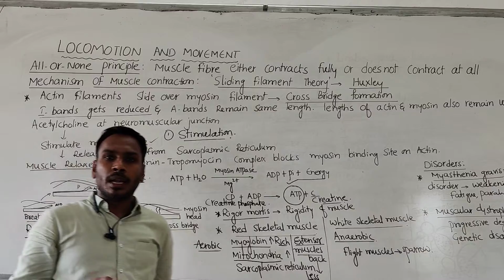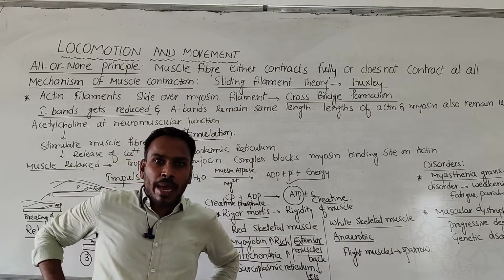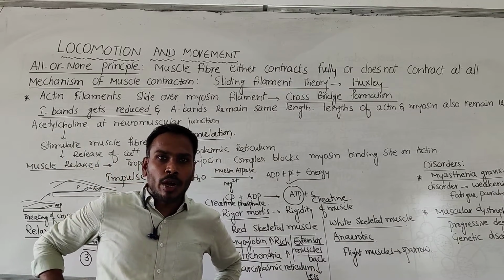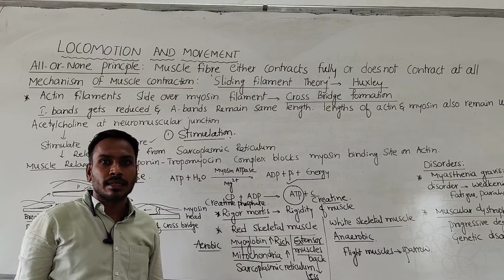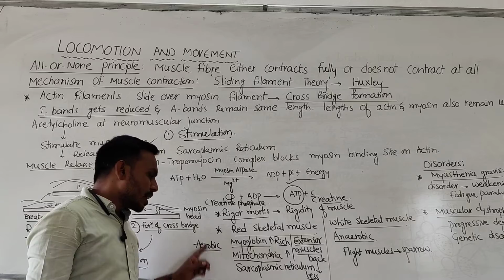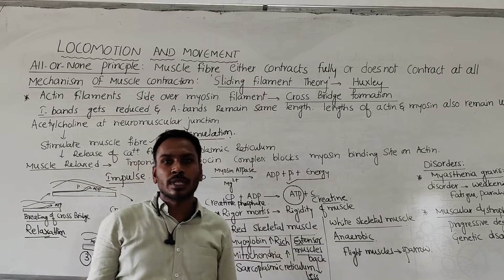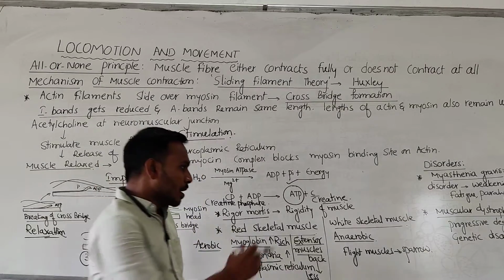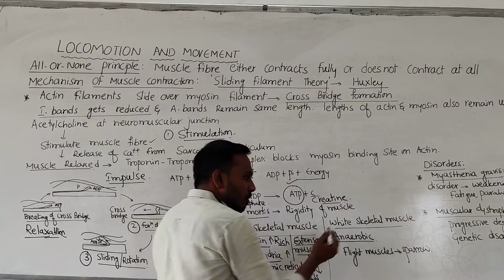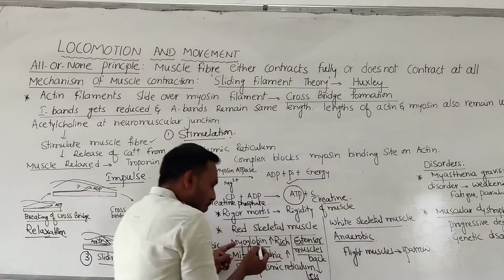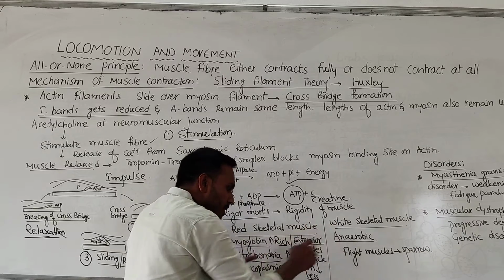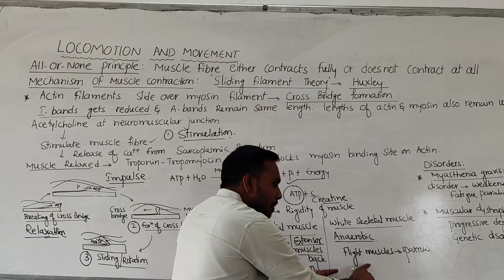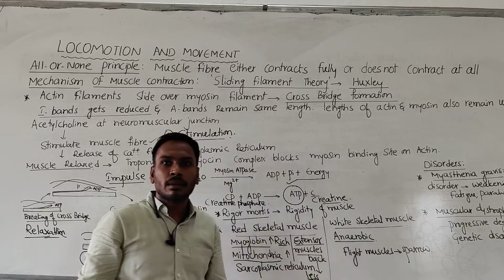Can you give one example? The extensor muscles of the back in our body are the best examples of red skeletal muscles. Generally, the aerobic respiration process occurs here. Now, in contrast, in white skeletal muscle fiber, myoglobin is less, mitochondria are less, but sarcoplasmic reticulum is present more in number. Why?